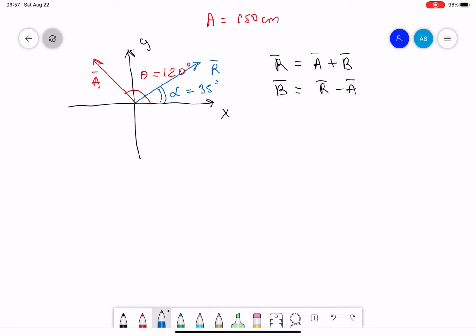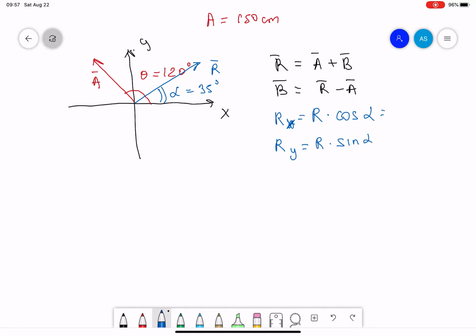Now, how can we find the R x component and R y component? The Rx component will be equal to R multiplied by cosine alpha, and our Ry component is equal to R multiplied by sine alpha.